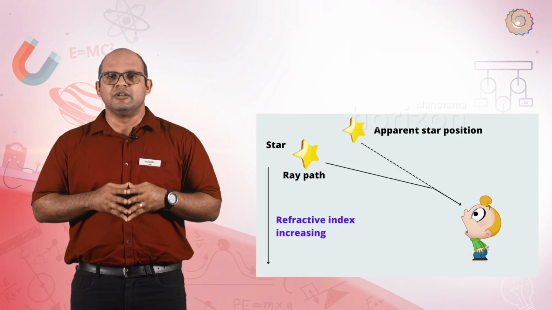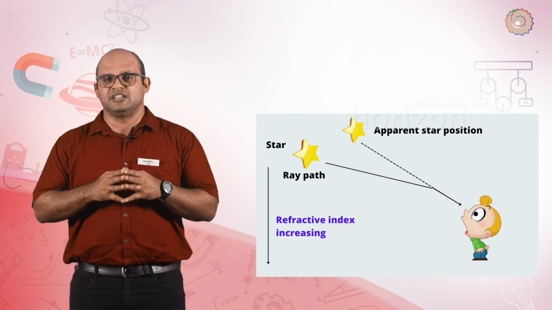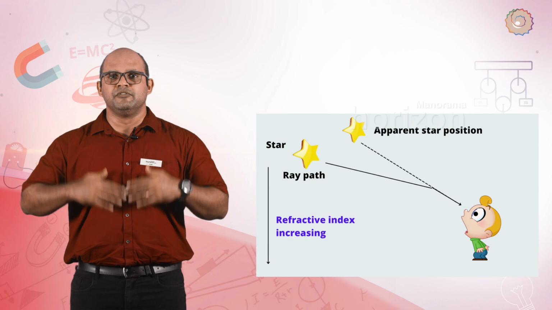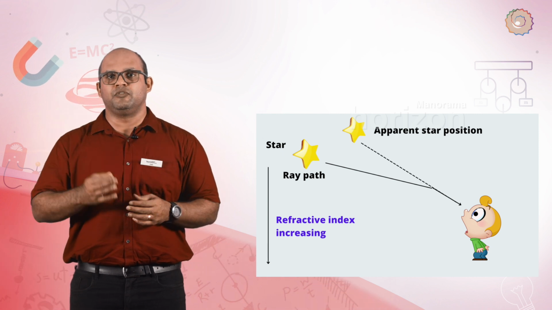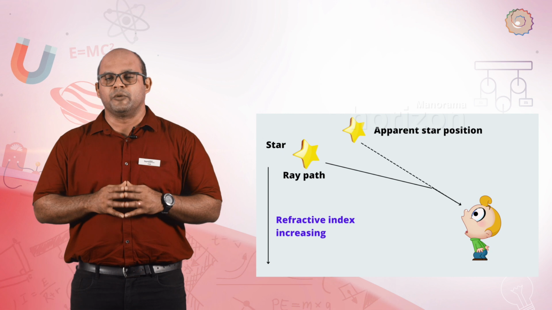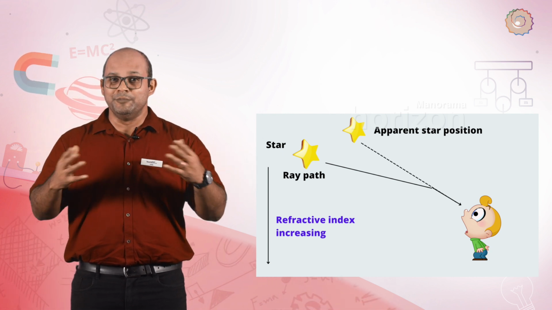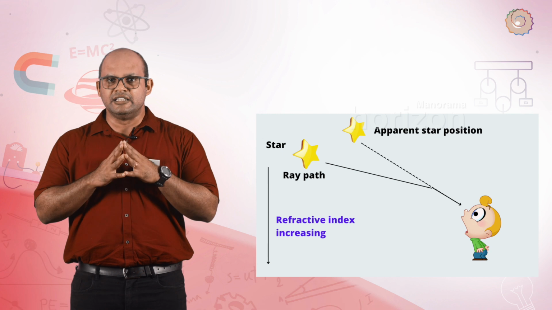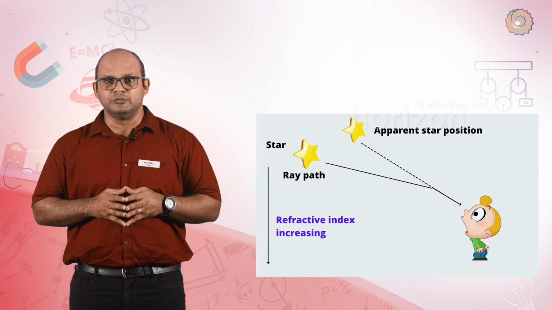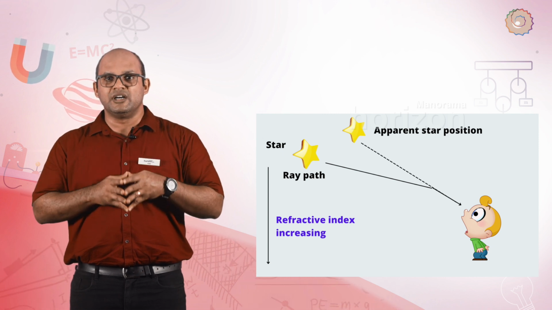Stars are extremely small to us due to their huge distance from us. A star can be considered a point source of light, or it can be visualized as a single beam of light entering the atmosphere. Since the light is entering from an optically rare medium into an optically dense medium, meaning the speed of light in the atmosphere is less than the speed of light in a vacuum, the beam of light coming from the star will bend towards the normal.